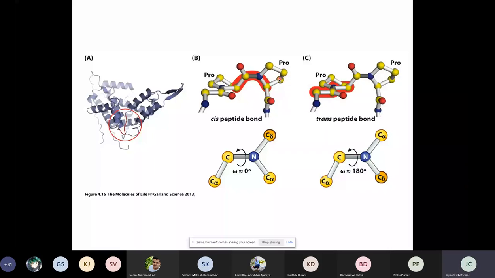And only because you're not altering the sp3 hybridized state of these carbons, you have this envelope kind of conformation, so the ring couple will still be there.